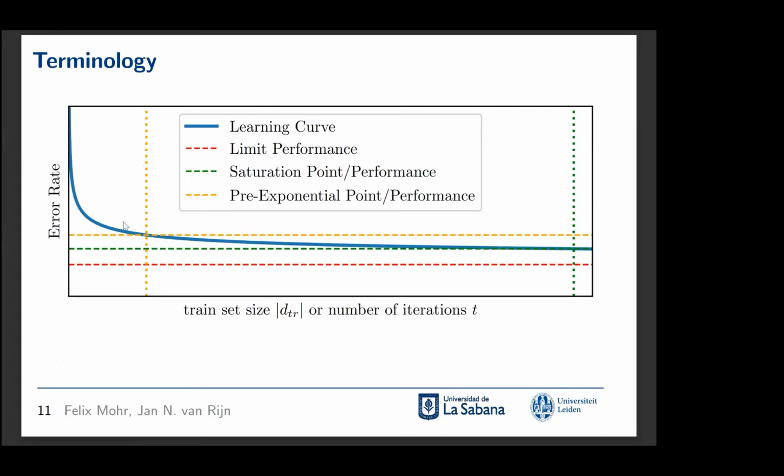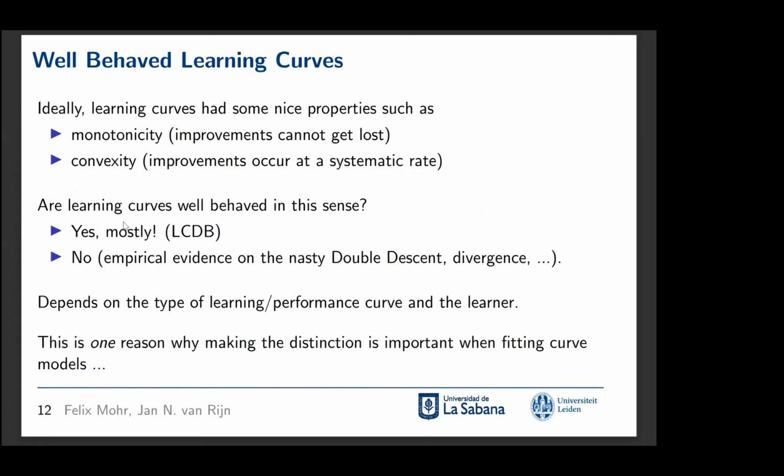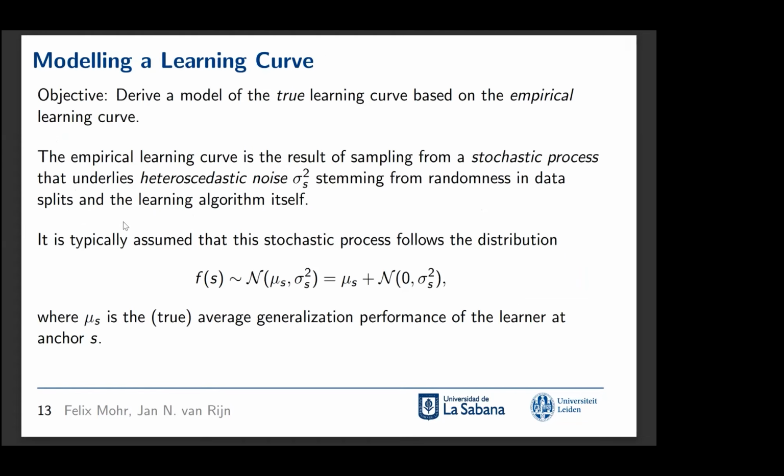We are not aware of any function class that can properly handle these peaks. And that's a problem if you want to, for example, extrapolate observations in a neural network that starts off with a learning curve that has these peaks. So there's a lot of work to be done in this respect, I guess.